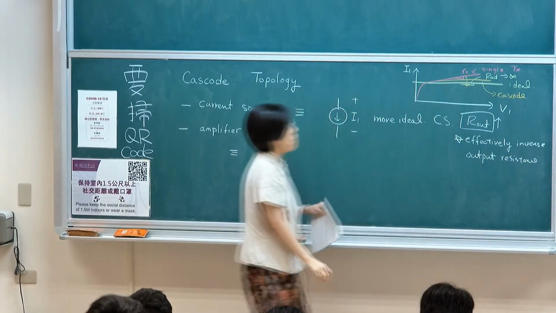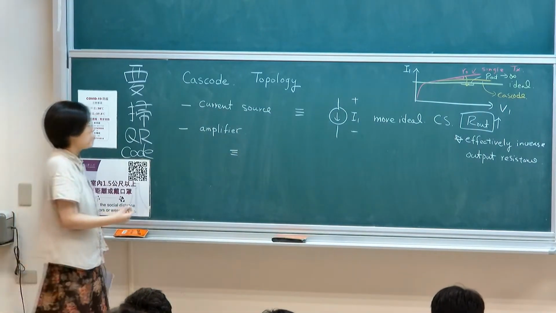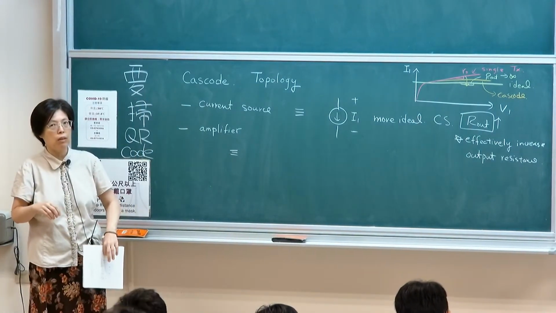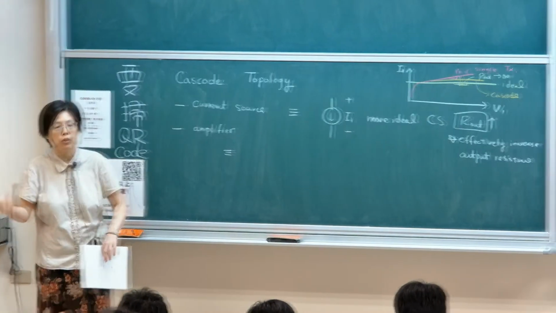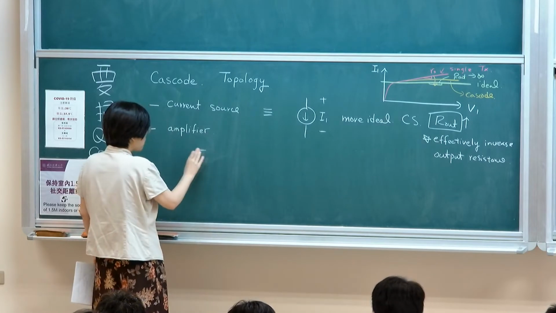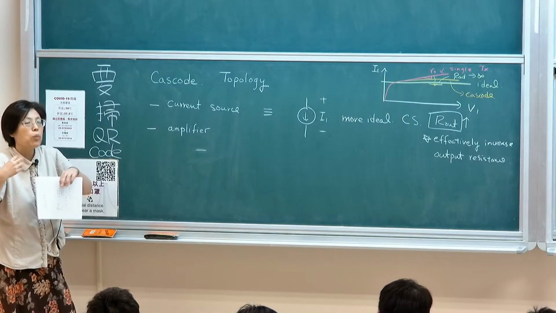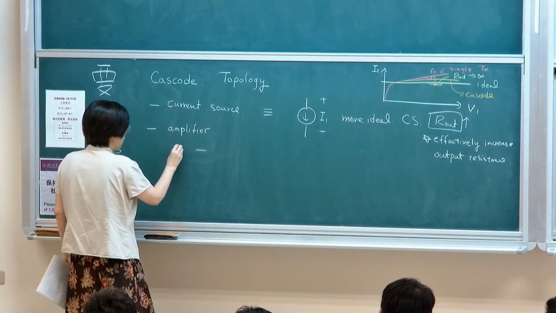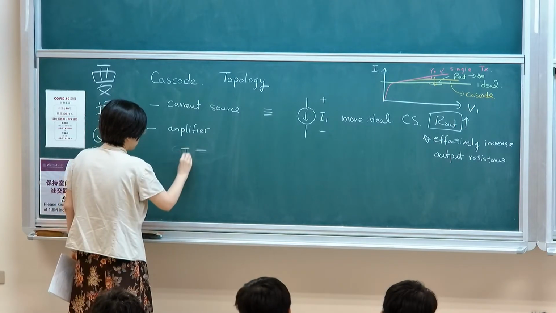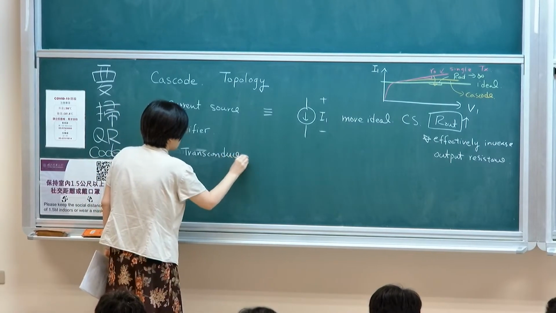So this can also be beneficial for an amplifier circuit. If you think about an amplifier, typically we use a voltage-controlled voltage source. But most transistor amplifiers are more similar to a transconductance model. Let's use a transconductance two-port model.